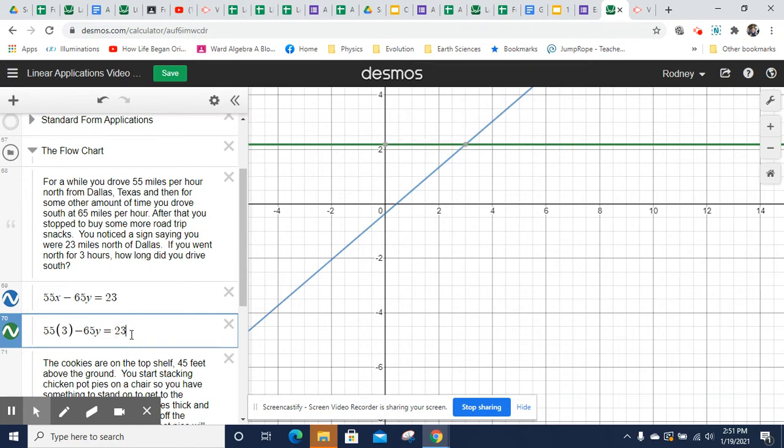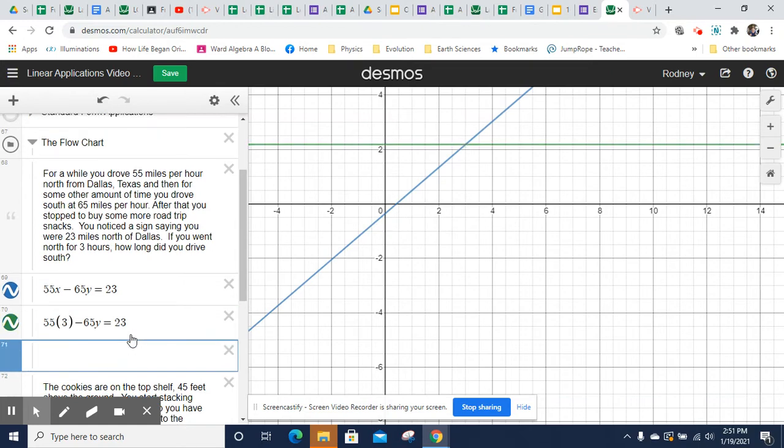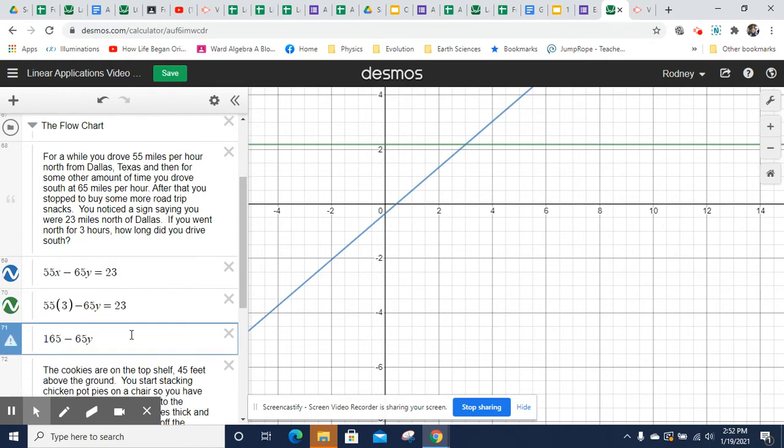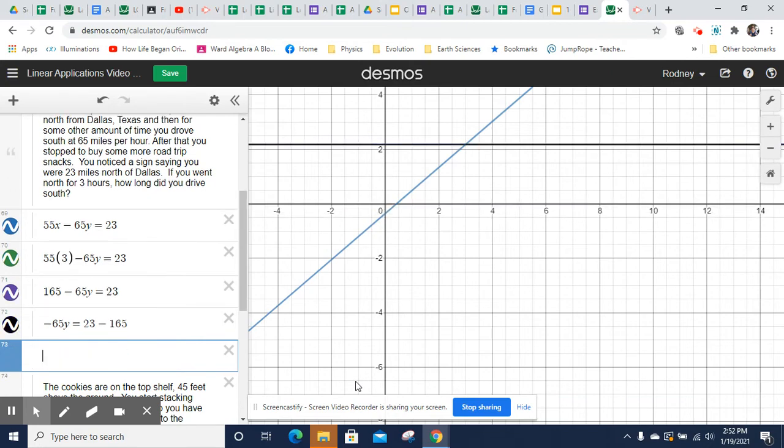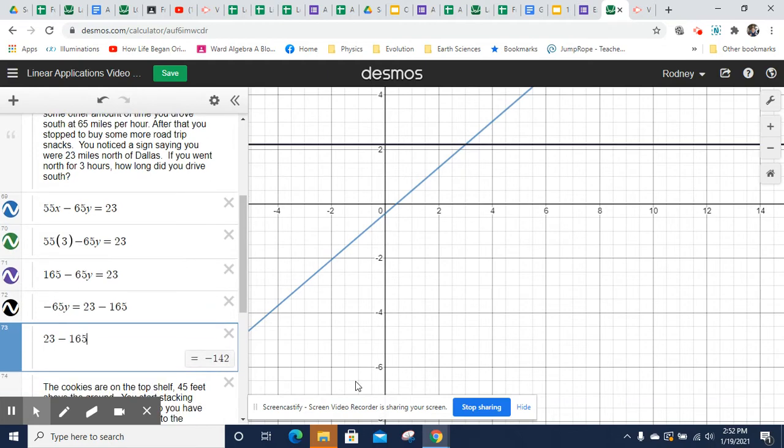And we can actually solve it algebraically. 55 times 3 is 165 minus 65y equals 23. And then we subtract 165 from both sides. So negative 65y is left on the left equals 23 minus 165, and 23 minus 165 is negative 142.